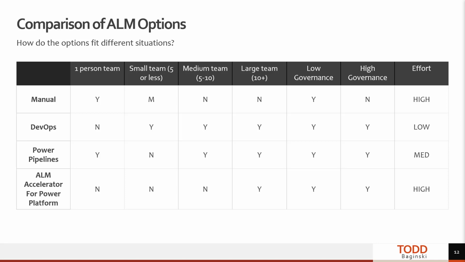It's pretty similar to what we talked about in the other slide. So manual is high effort, DevOps is real low effort, Power Pipelines is medium effort to stand up, get running, and use in your organization. And the ALM Accelerator for Power Platform, in my opinion, requires the highest level of effort and the most expertise to get it going.